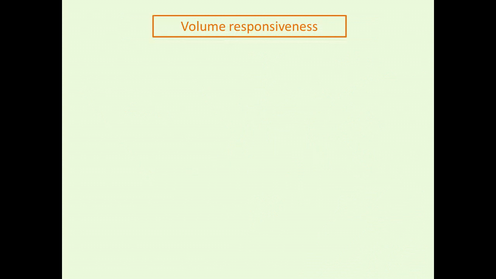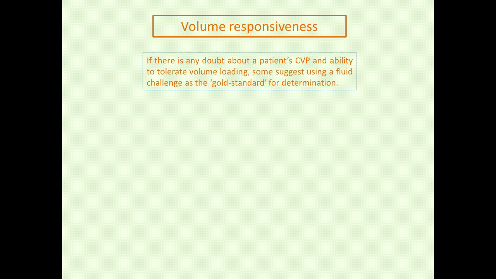Okay, so a little bit more about volume responsiveness. If there's any doubt about a patient's CVP and ability to tolerate volume loading, some authors suggest the fluid challenge. I guess this is the gold standard of determining whether or not somebody's volume responsive. That is, give them fluid and see if they respond.